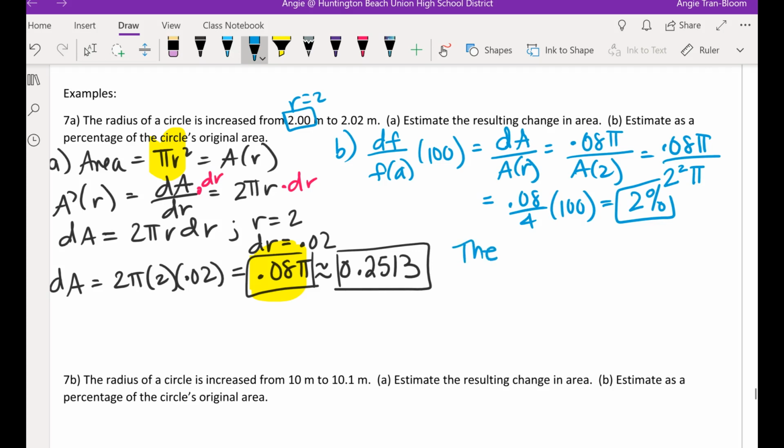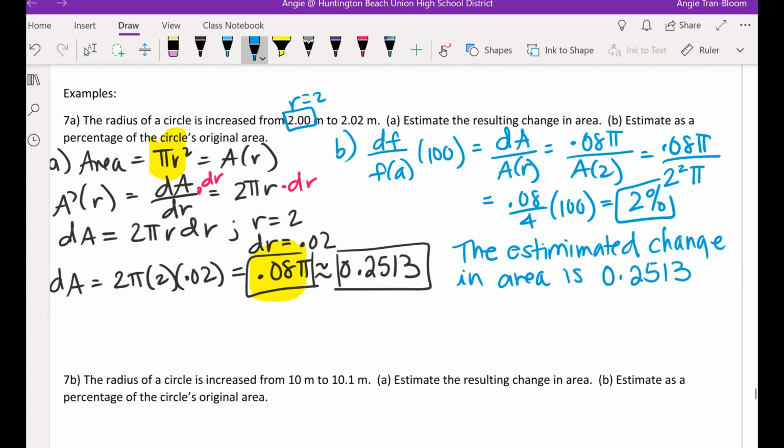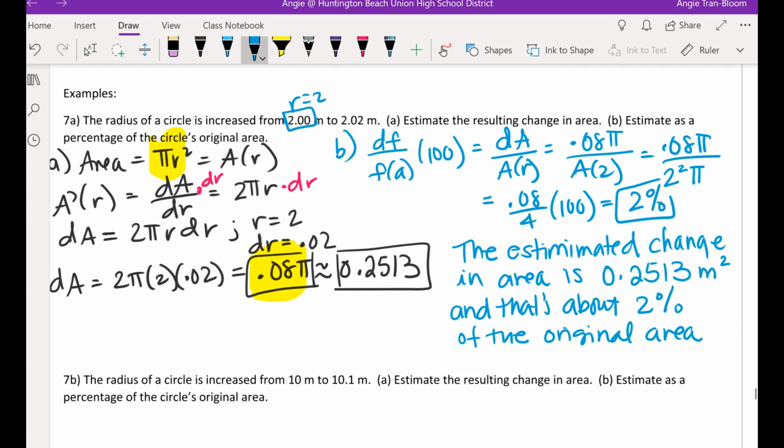The estimated change in area is 0.2513 meters squared, and that's about, we said 2% of the original area, okay?